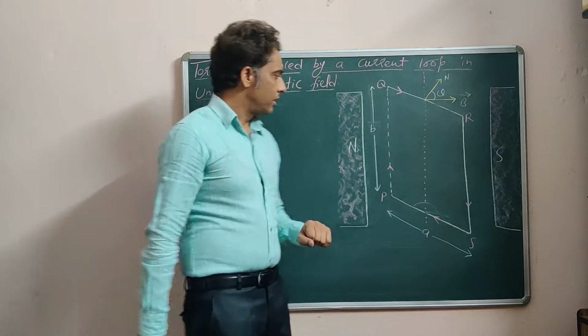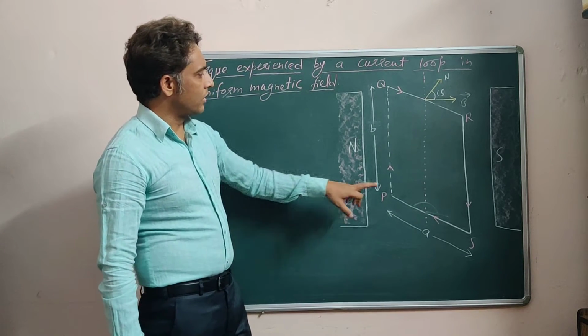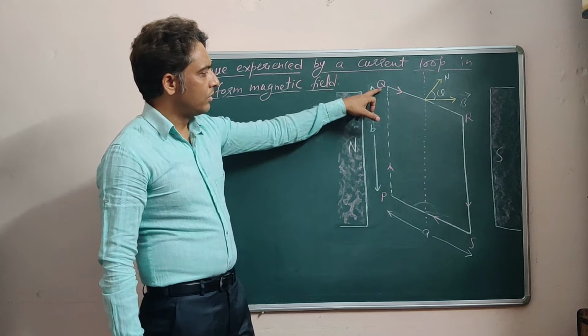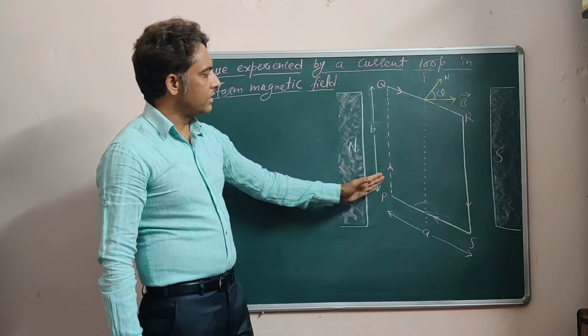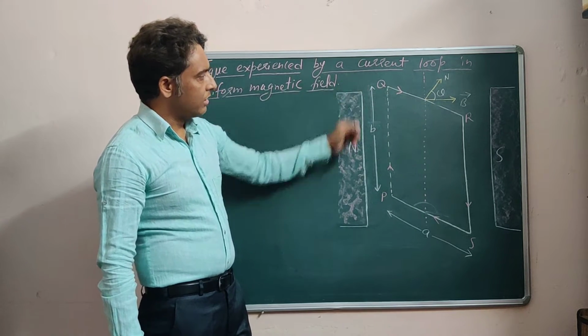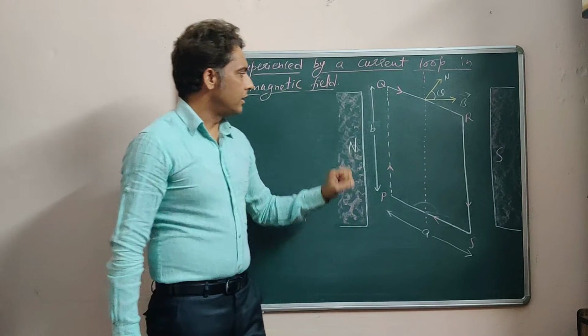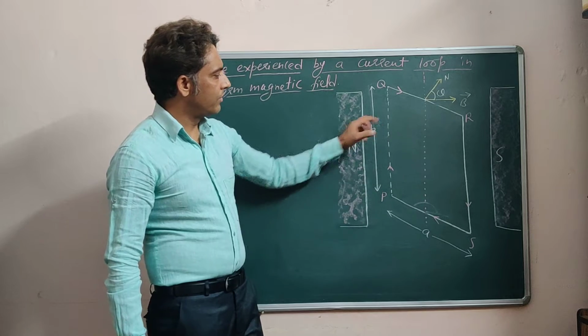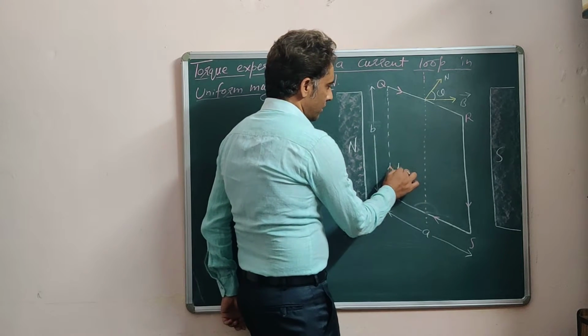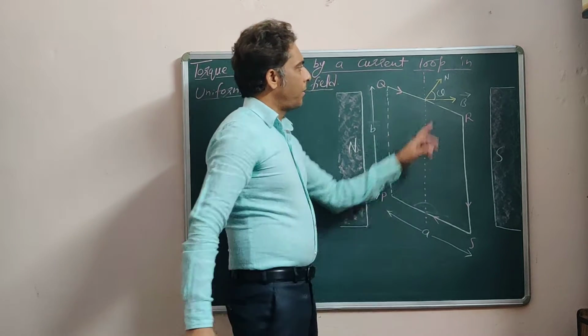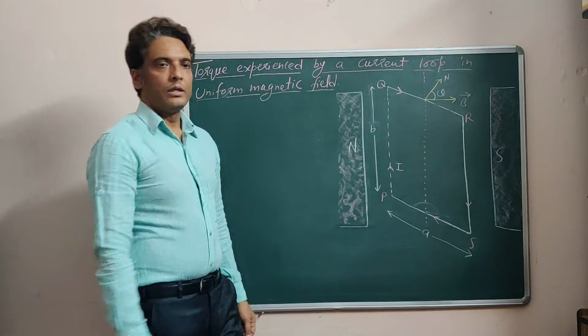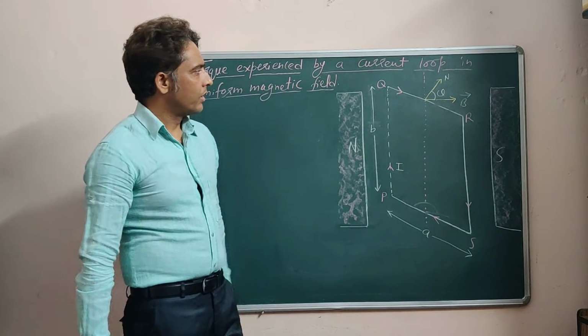So first let us consider this portion PQ. Here the direction of current is in the upward direction and magnetic field is from left to right. So we can see that the angle between direction of current and magnetic field is 90 degrees.